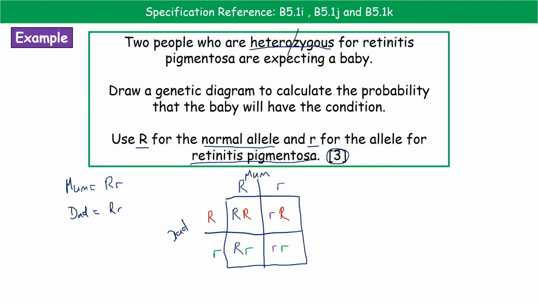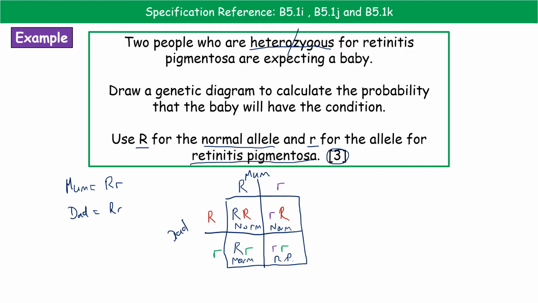So now what we need to do is identify whether they've got the condition or not. So 2 capitals, that one is going to be normal. 1 capital, 1 lowercase, normal, capital and lowercase, normal, and then 2 lowercases, that means they've got the condition. So they have the condition there.